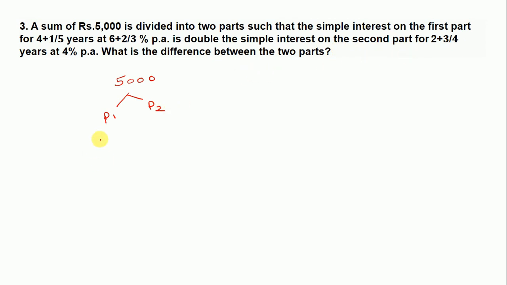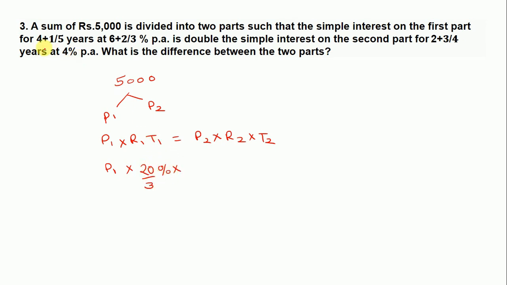So we can simply write P1 into R1 into T1 is equal to P2 into R2 into T2. So P1 we don't know what is that, and R1 is here 6 plus 2/3. We can write it as 6 into 3 is equal to 18 plus 2 is equal to 20, 20/3, and it is in percent.